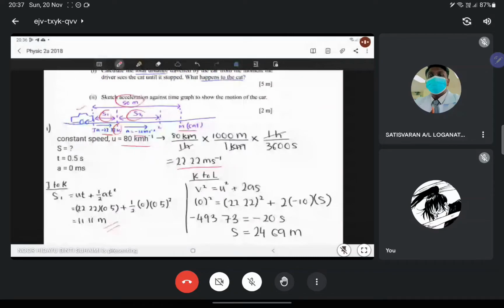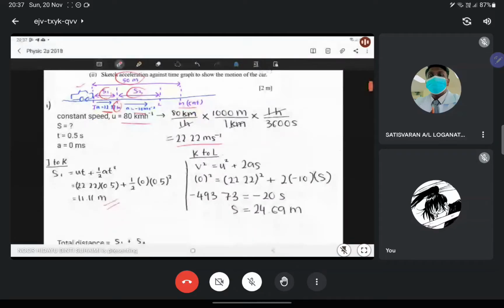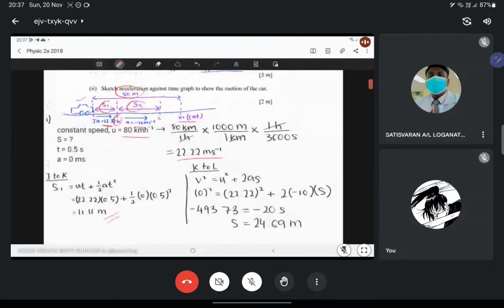Dan kita cari 11.11 meter tu untuk S1. Dan kita cari untuk S2, S2 daripada titik K ke titik L. So masukkan dalam formula v squared equal to u squared plus 2as. V dia kosong dan u dia 22.22 squared ni yang kita kira tadi. Dan dia punya acceleration negatif 10 sebab dekat sini ayat kata maximum deceleration of the car 10 meter per second squared.